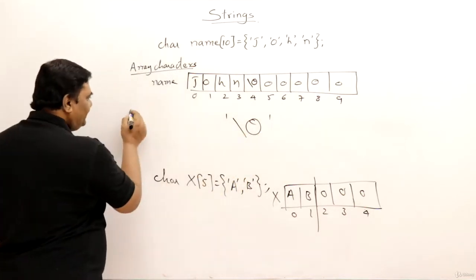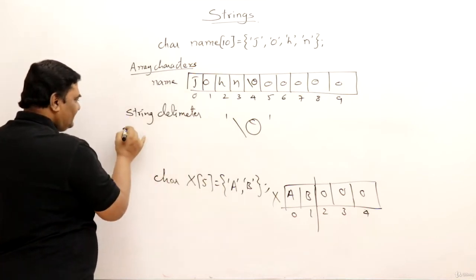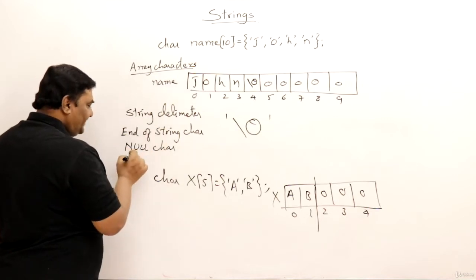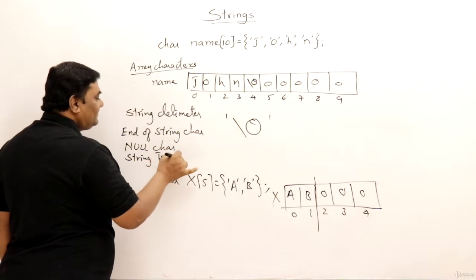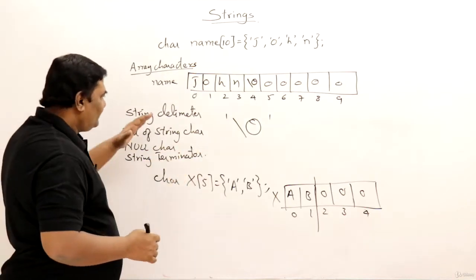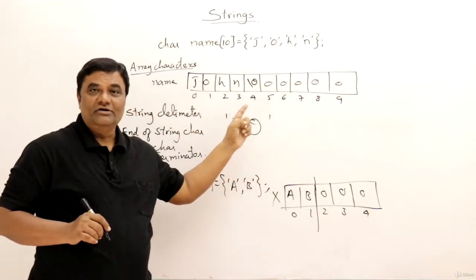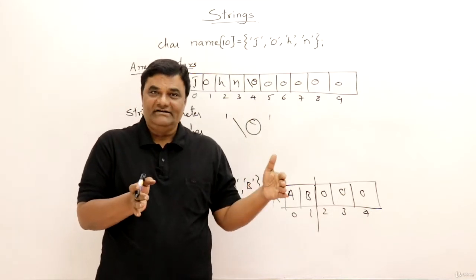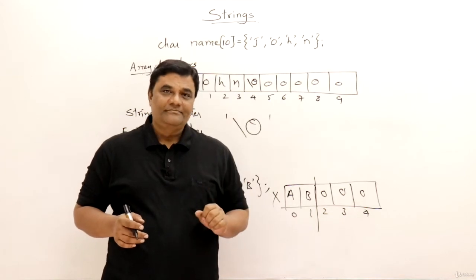It is called a string delimiter or end of the string character or null character, or also we call it a string terminator, right? This is used to show the end of a string, end of string marker. So in C, C++, strings are delimited with the null character, that is \0.